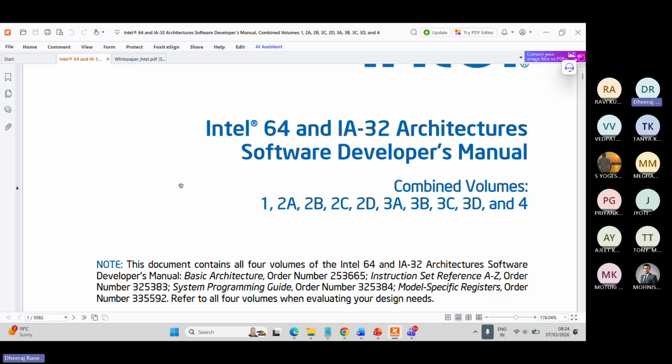Nothing needs to be remembered. If you go by the verbal meaning, hardwired control unit means that it is embedded within the hardware itself. The control signals are generated, and the whole responsibility goes with the hardware aspect as well, right?